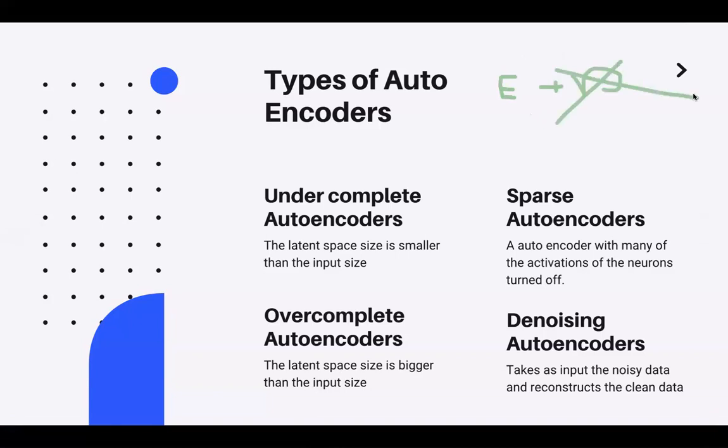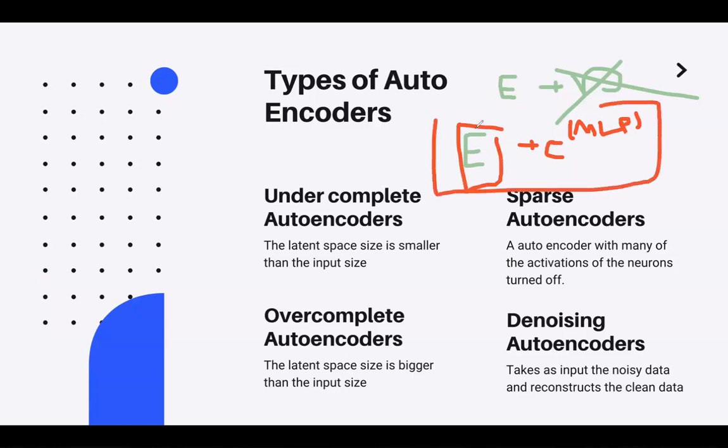Once they are trained, you completely destroy the decoder, take the same encoder, add a classifier, which is just a multi-layer perceptron or fully connected neural network, and then freeze the encoder and train this setup with the supervised data that you have.